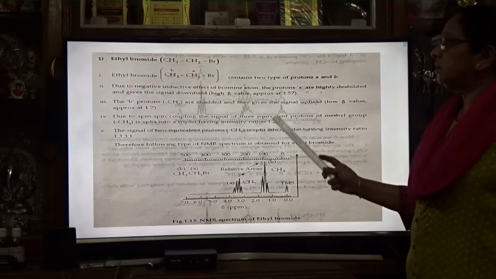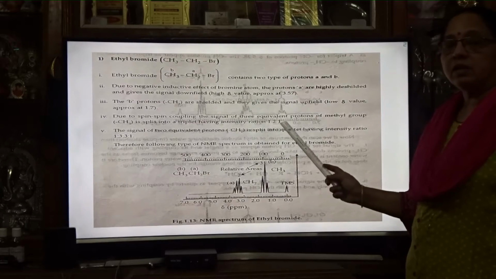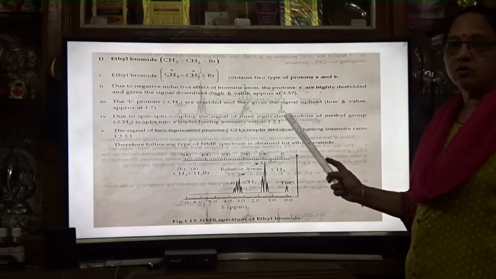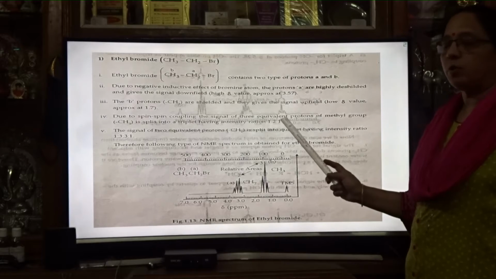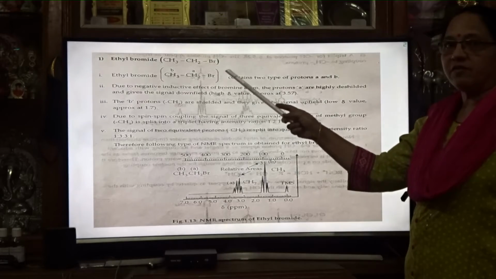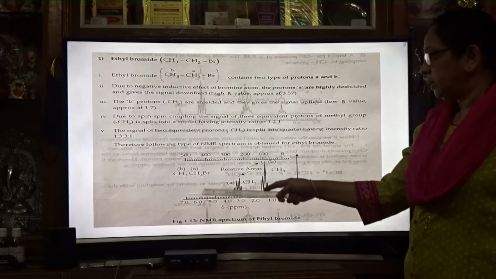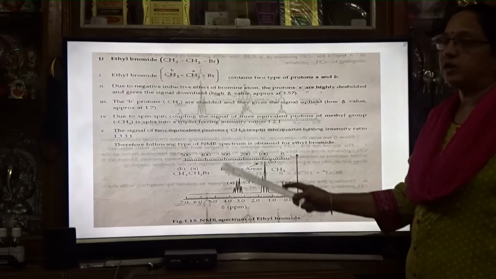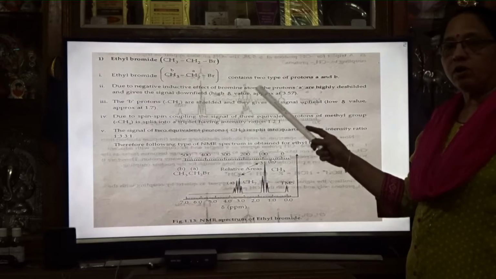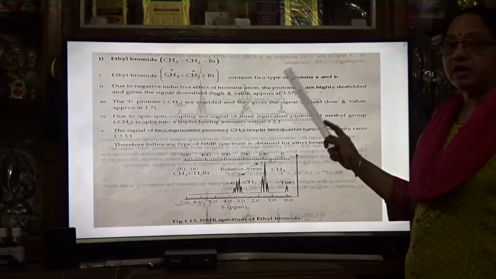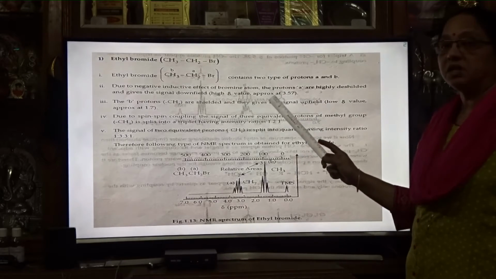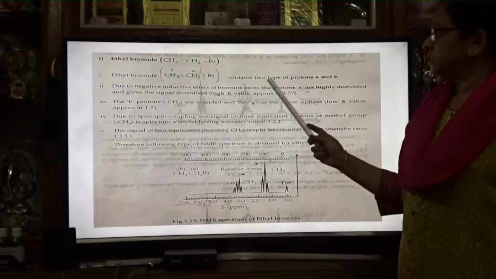These examples are in practical and also in theory. Sometimes the formula is given and you have to find out the structure of the molecule, and sometimes they ask you to draw the NMR spectrum of ethyl bromide. So all the examples are very important. In practical it is asked, and also in theory. So these questions can be asked in different ways.